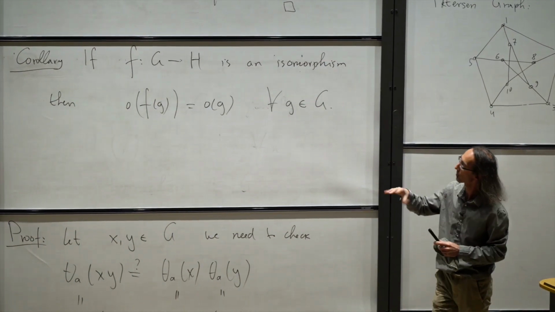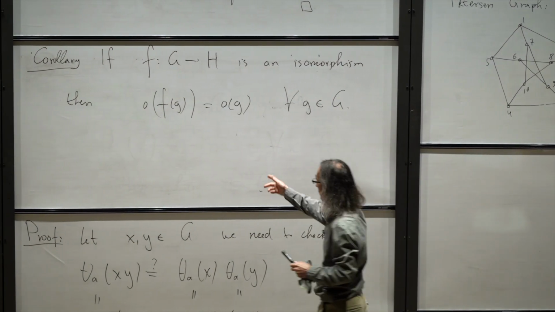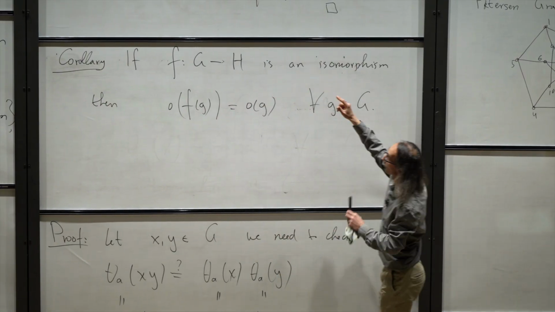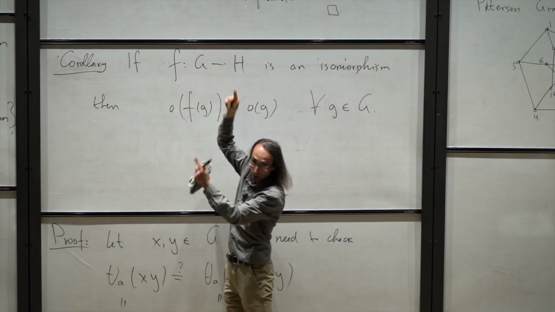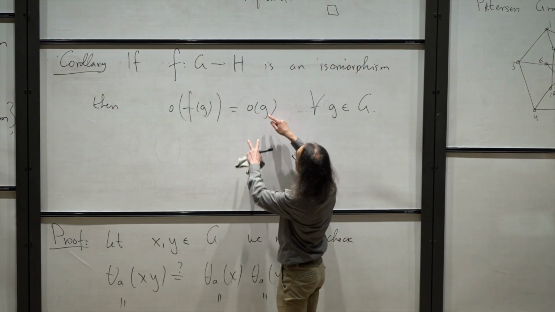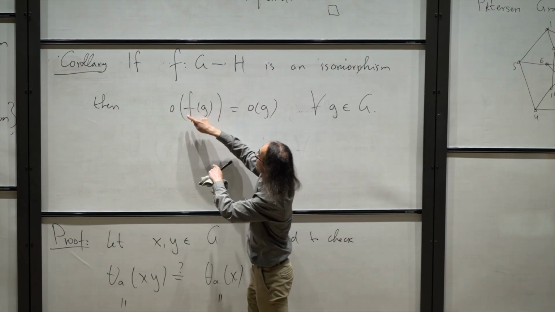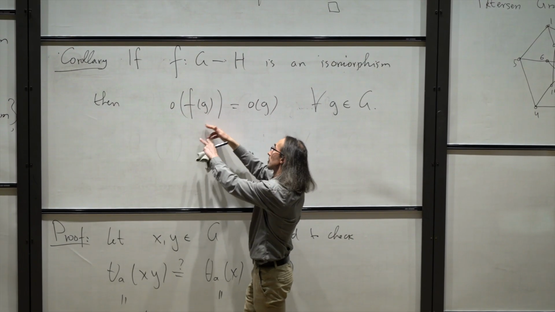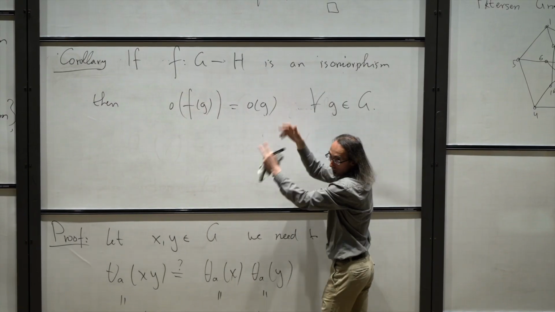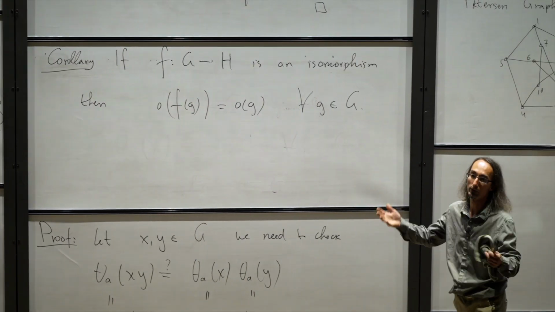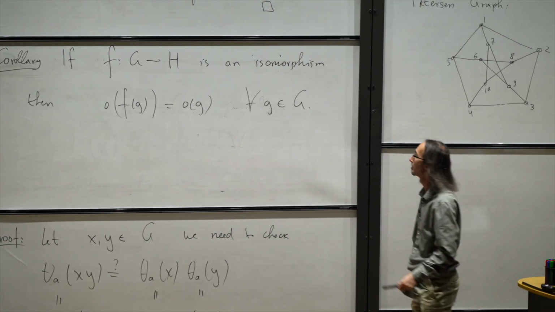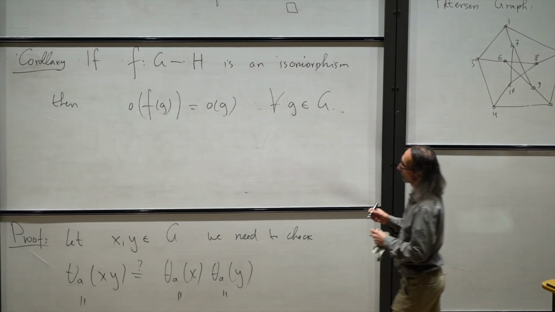Right, so isomorphisms preserve the order of elements. The corollary follows from the proposition simply because we apply the proposition to f and f inverse, and we deduce that the order of g on one hand divides the order of f of g, and also the order of f of g divides the order of g, therefore they're equal, if finite. And if they're infinite, then they're both infinite.